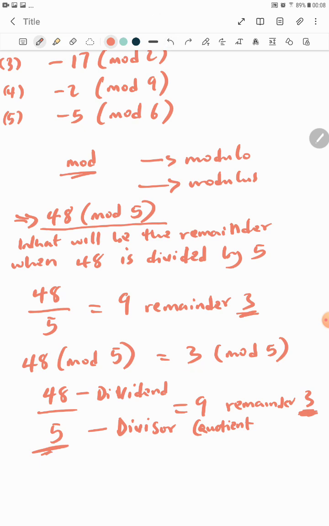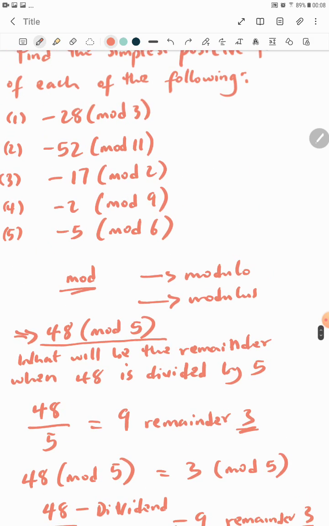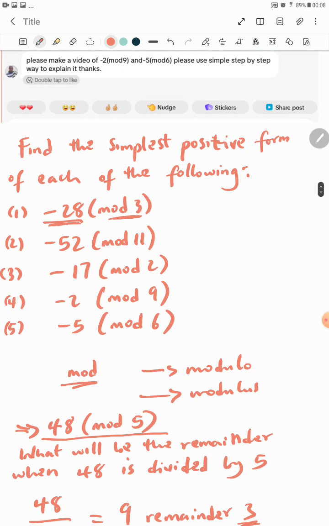Now, having laid this foundation, we can make a general statement. What happens when the number here is negative? We know that in modular arithmetic, our answer must not be left negative. So what we simply have to do is add a multiple of 3, a multiple of 3 that will make this number positive.